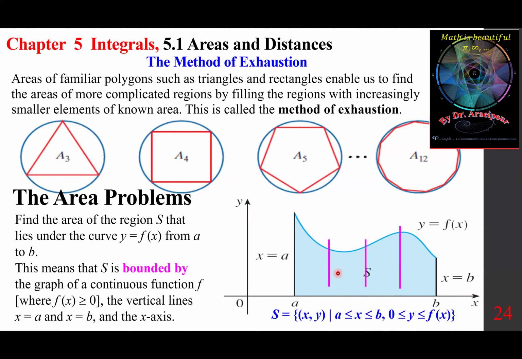So how do you find it? Well, you cut it into rectangular pieces, everybody. For example, if we do this, using 3 lines, we cut it into 4 rectangles.